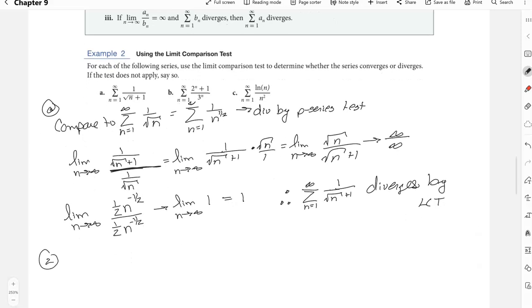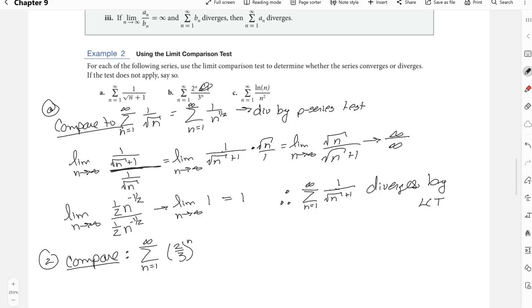Let's look at number 2. We're going to strip away all those extra numbers and compare. I'm looking at the series from n equals 1 to infinity of 2 to the n plus 1 all over 3 to the n.